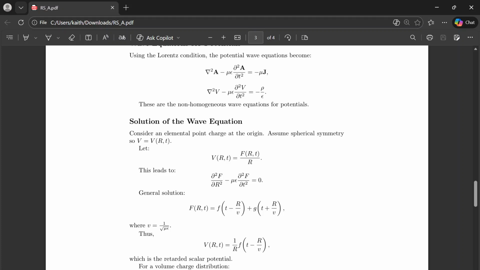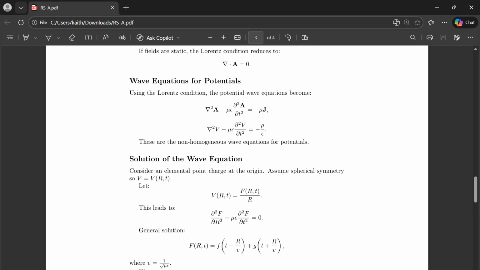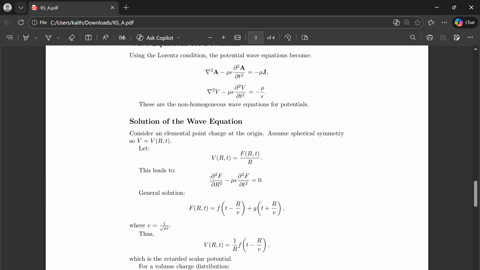I assume the scalar electric potential to be V of r comma t, that is, it depends only on r and is independent of theta and phi. I assume V of r comma t as some function f divided by r, and substituting it here leads to a second order differential equation.